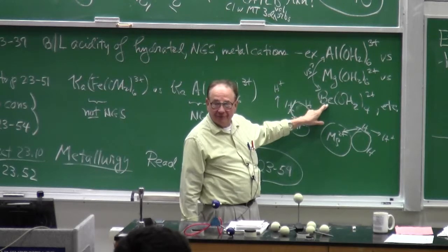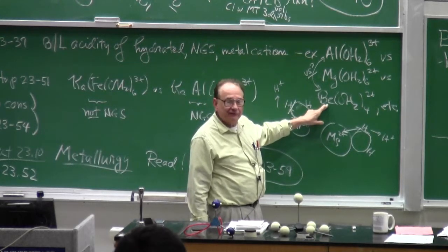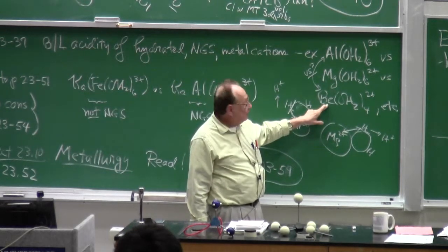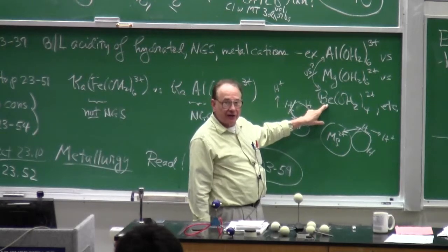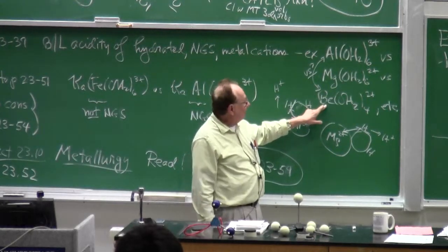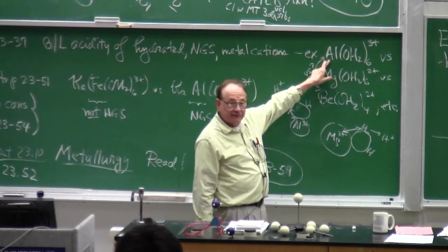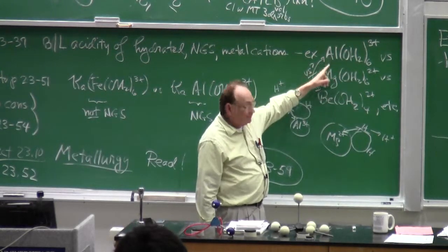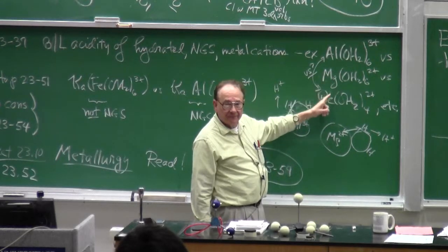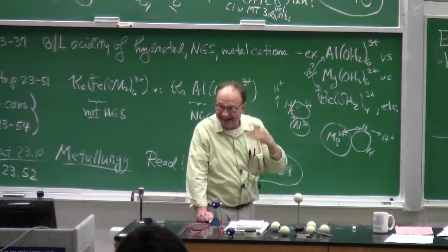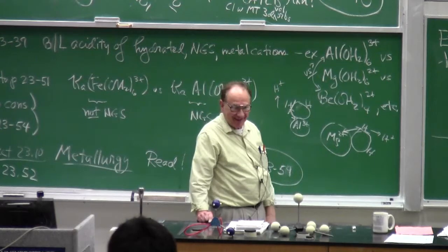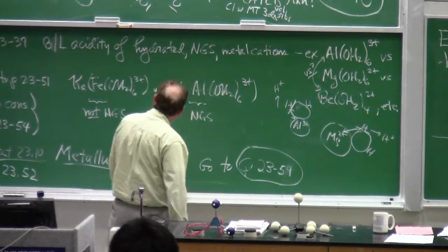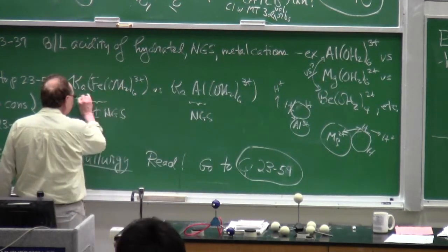So if I give you size data and you calculate the positive charge density of beryllium ion to be about the same as the positive charge density of aluminum ion, what would you say about the relative acid strengths of these two? About the same. There. How about that? Interesting. Now, how about this one?